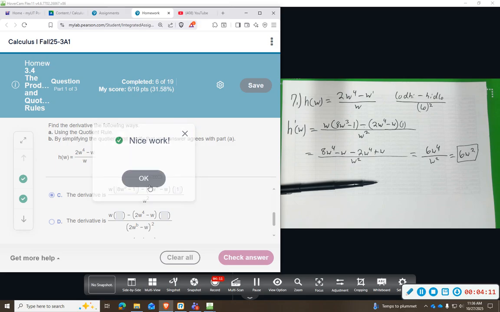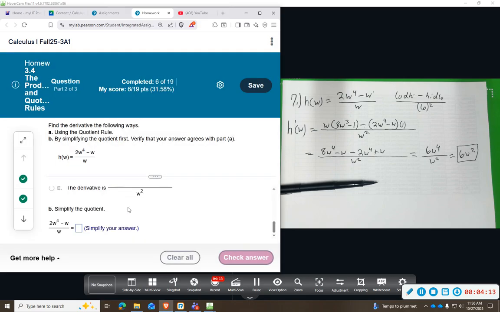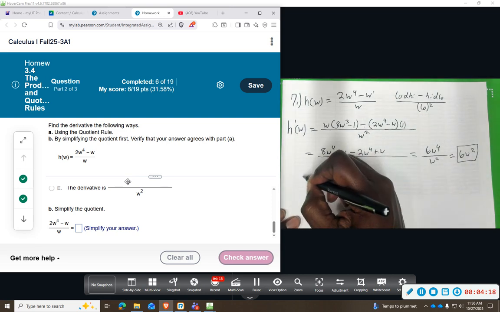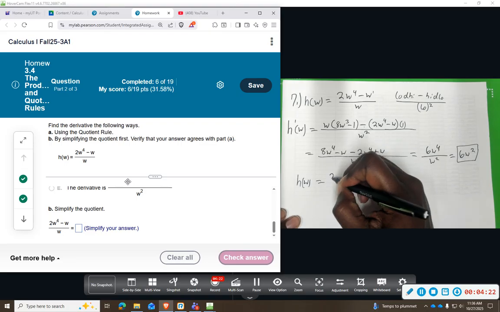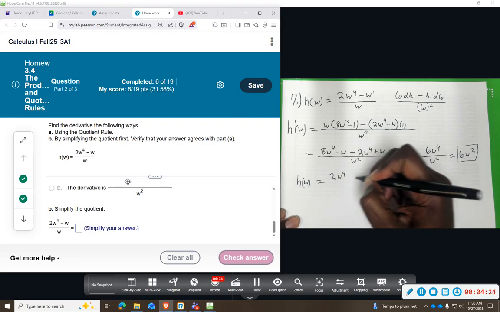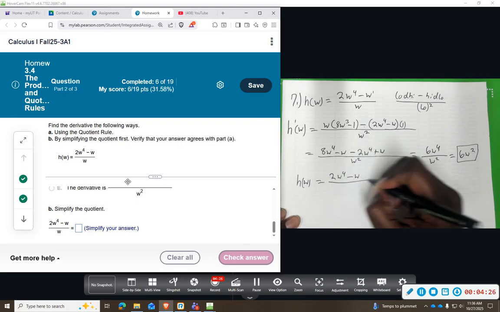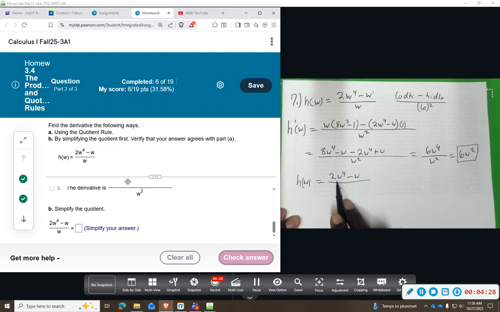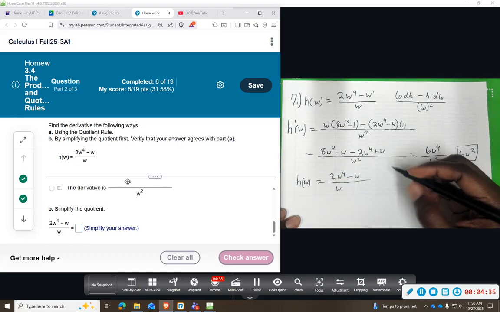And then this derivative was just 1. Okay. And then they want us to do it by simplifying the quotient. So if you start with your original problem, each term is being divided by w, so you can either factor out a w or you can write them both over w.